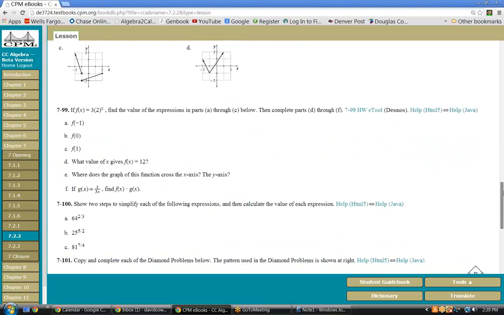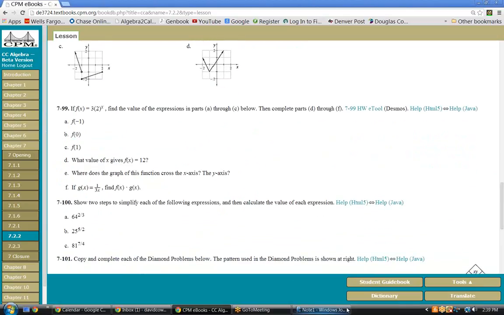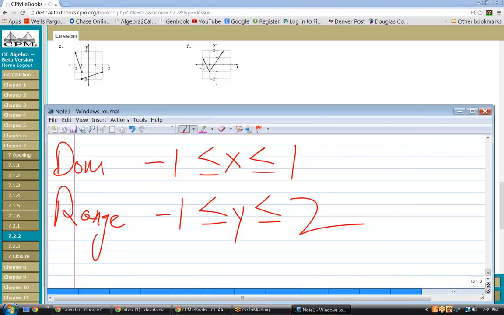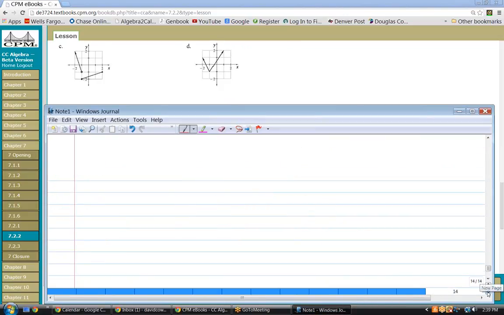Okay, how about C? What's the domain? What are the allowable x values? Now this arrow means it goes on forever. Stops right there, starts again there, and stops right there.